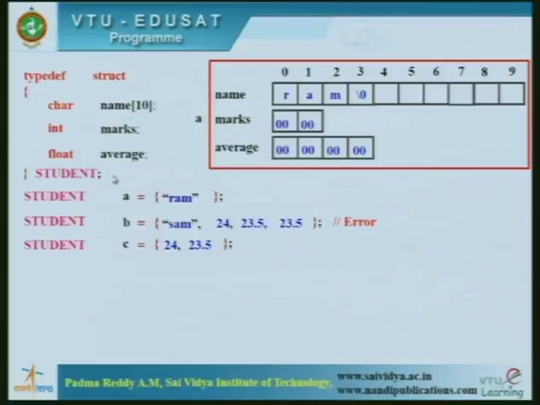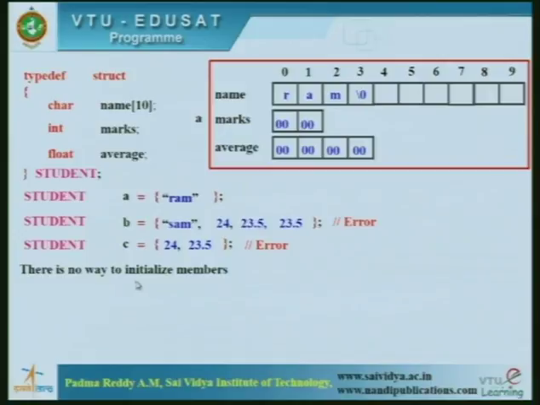Average field. But remember, we have not initialized the previous members. So, unless we initialize the previous members, we should not initialize the subsequent members. Okay? So, here it is an error. Even though it is syntactically correct, it is wrong. That is the reason I say here it is an error. We are trying to initialize the members without initializing the previous member. So, this is not possible.